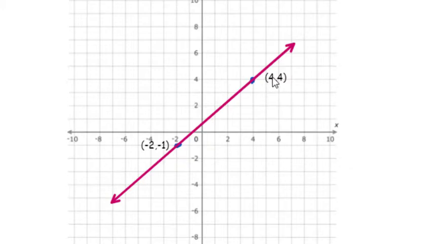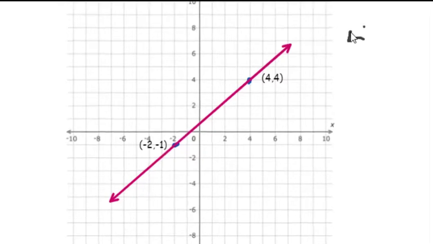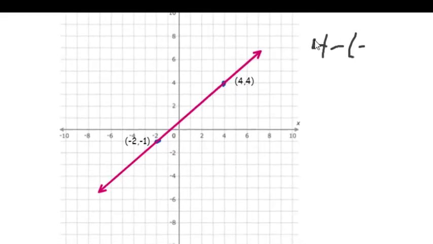Okay, so I want to take the second one and subtract the first one every single time. Let's look at the y value, which is our second number. So that's 4, and the second one here is negative 1. So that's 4 minus negative 1. Well, remember, when we're subtracting a negative, that's the same thing as 4 plus 1.